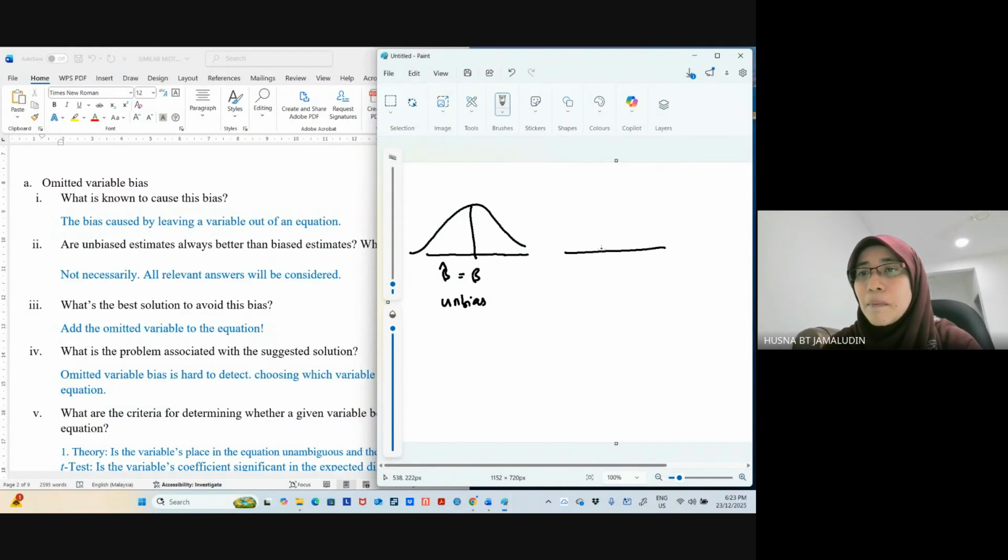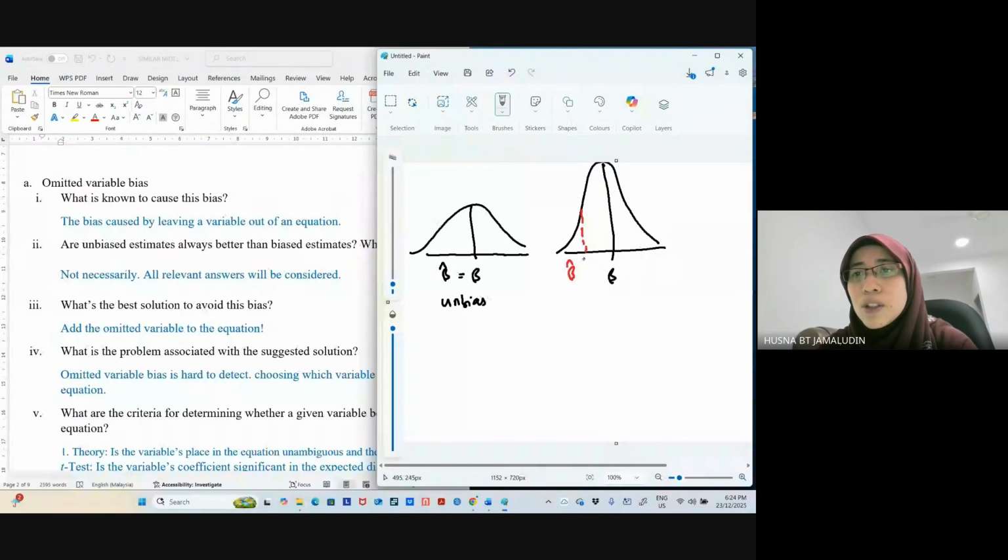Bias means, let me draw it here. The true beta is here, but somehow you estimated the beta to be here. This is your estimated beta. It is biased, right?